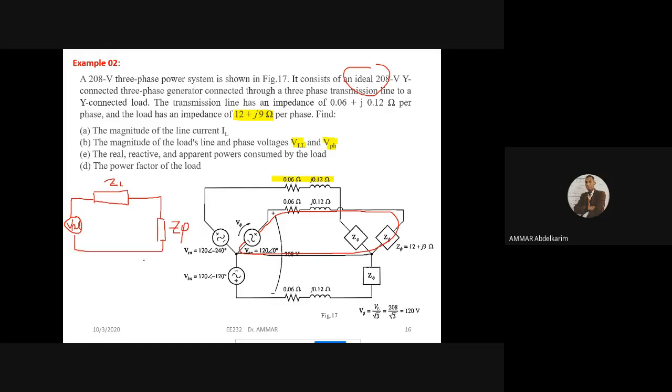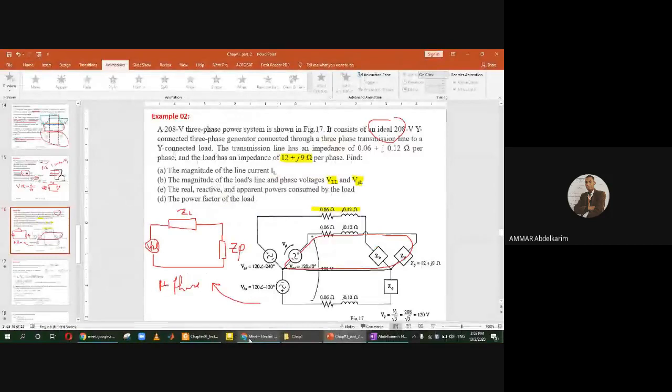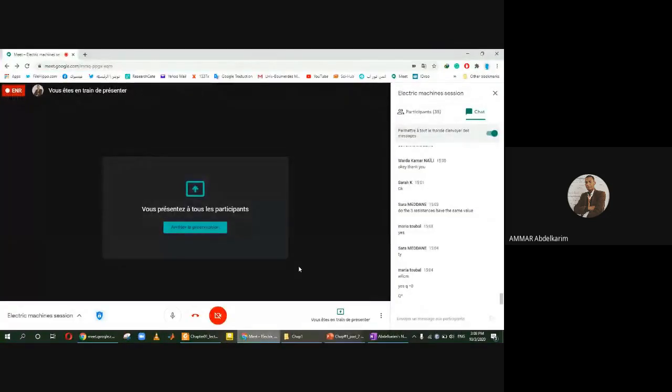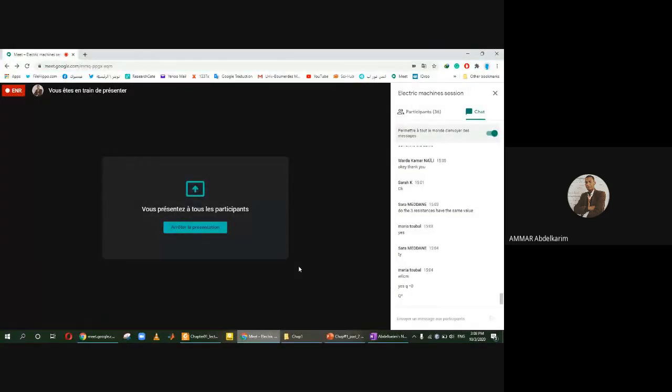This is the per phase circuit of this system. Then we are going to work on a single phase. Is it clear?